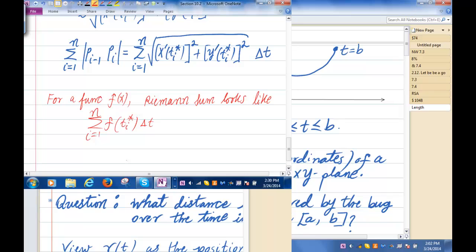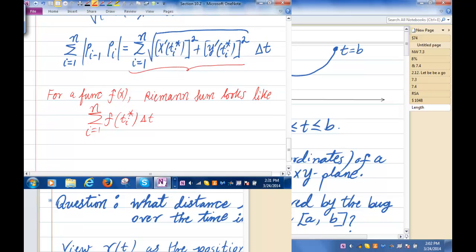You remember that? So this quantity that I have here, this sum here, this is the Riemann sum of what? With what function?